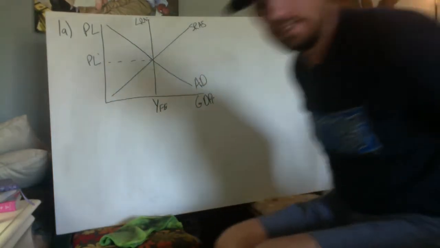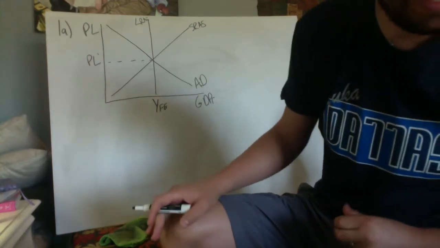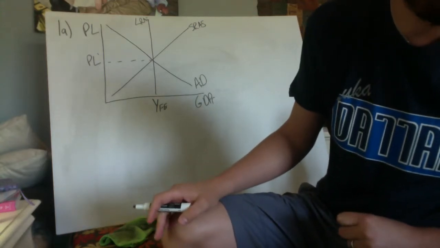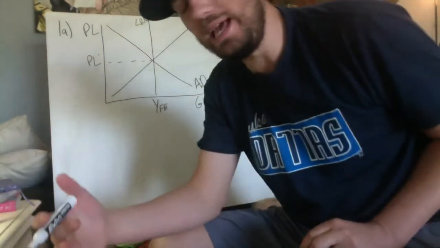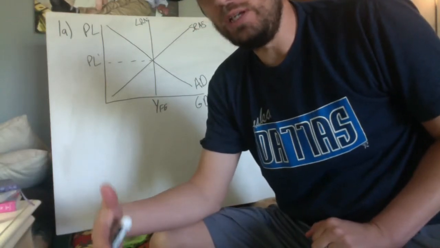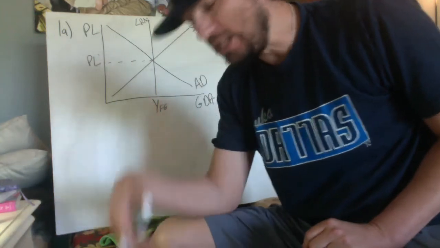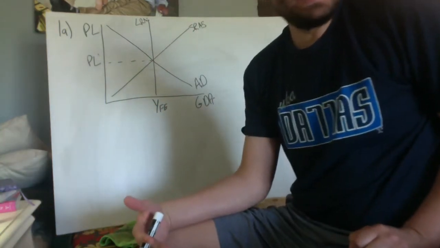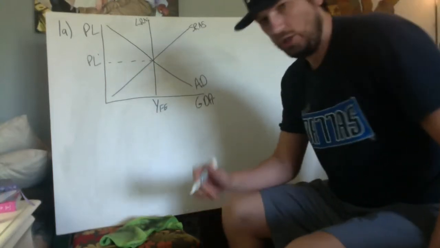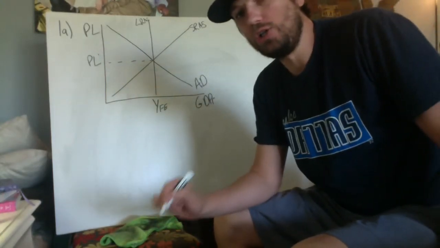Now it says that I need to show the impact of Australia's rising income on the aggregate demand in New Zealand. It tells me that Australia is getting out of the recession, which means their aggregate demand is moving to the right. To me, that means they're going to be buying more and more goods from New Zealand because they are trading partners.